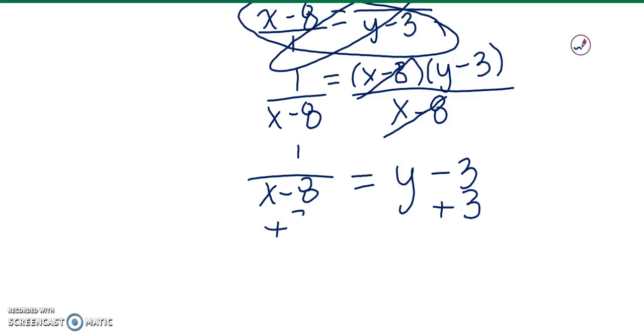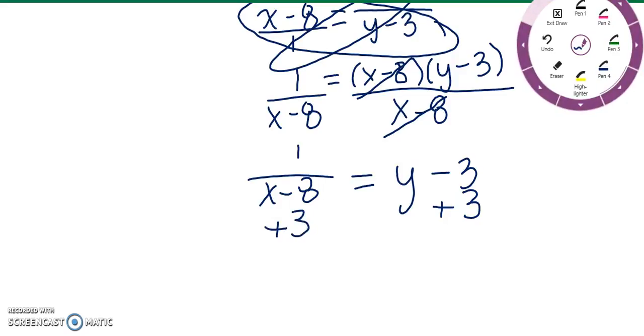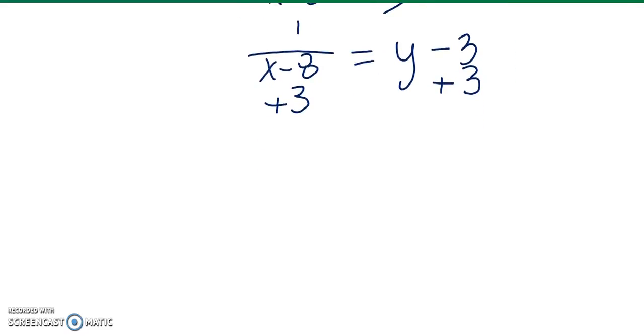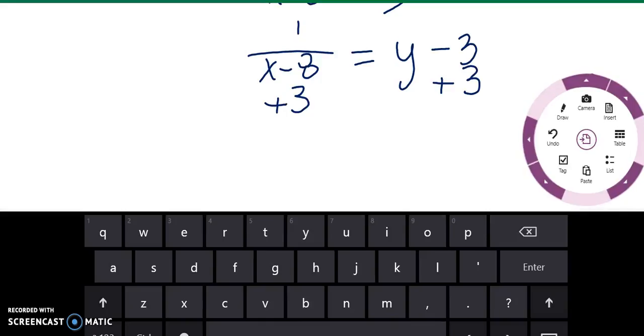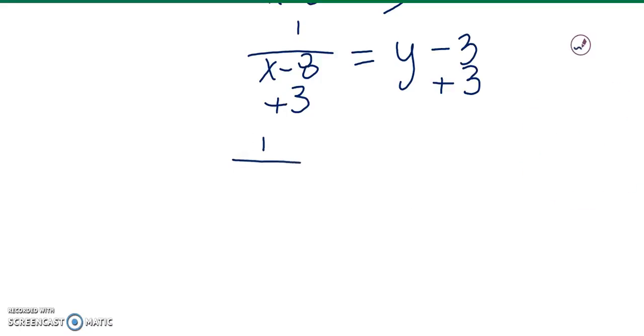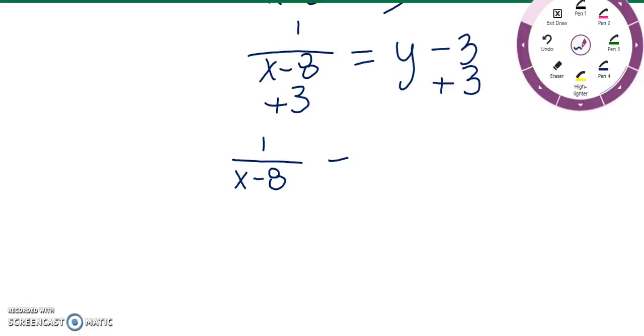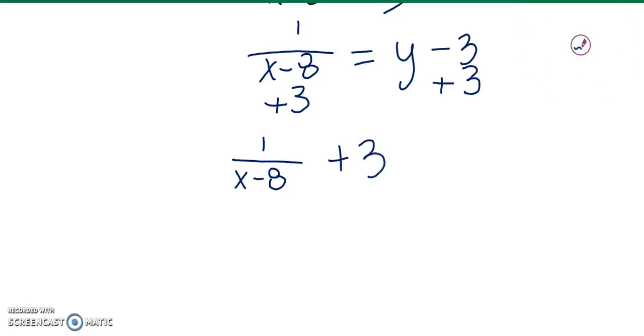Now we can follow the other pattern and add 3 to both sides, and we are left with 1 over x minus 8 plus 3 equals y.